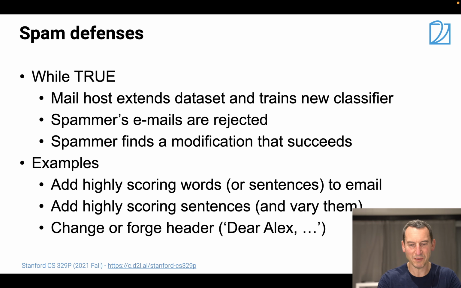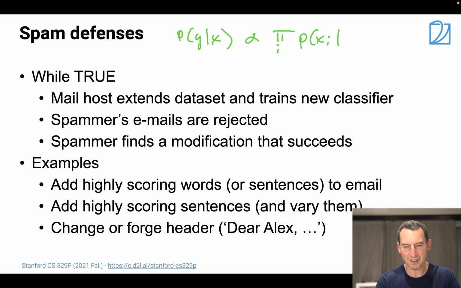So remember, in this case what we had is that P of y given x was proportional to the product over all i of P of x_i given y, times, of course, P of y. And so you naively assume that all features are independent.